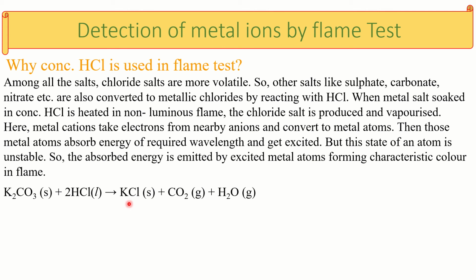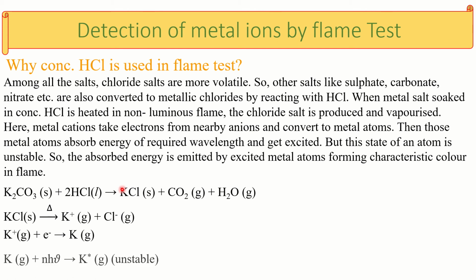So when it comes in contact with the non-luminous flame of the Bunsen burner, it dissociates to make potassium ion and chloride ion. Now, this potassium ion takes an electron from its nearby anion, the chloride ion, and after taking this electron, the potassium ion becomes a potassium atom.